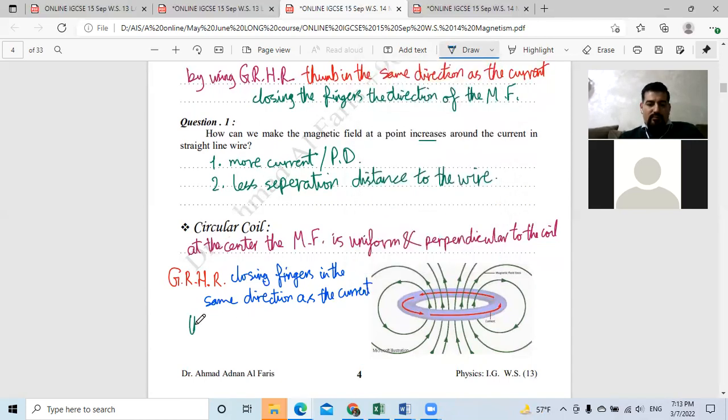The thumb shows the direction of the magnetic field. Good.